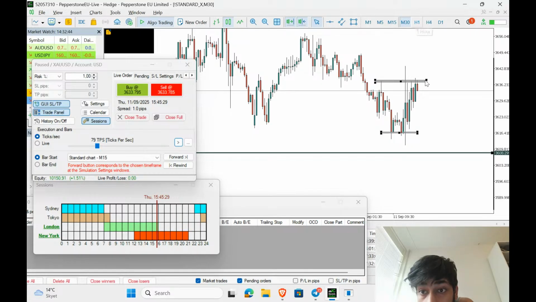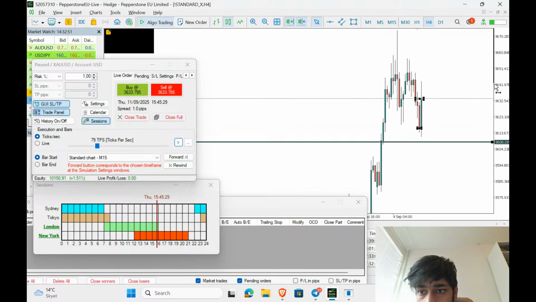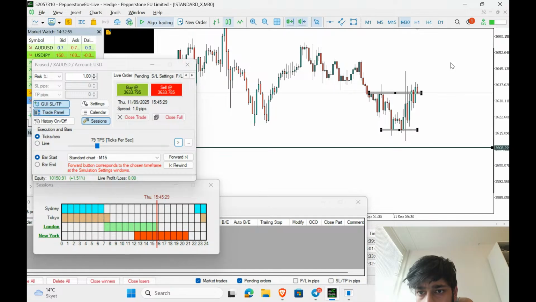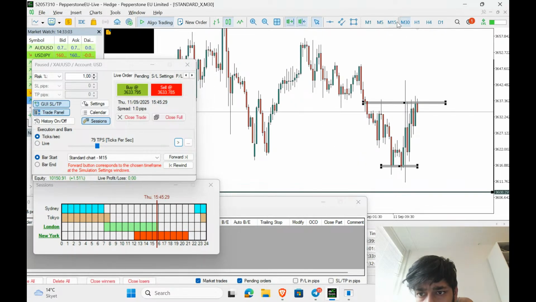M30 closed above. H1 is closing below. H4 is sitting up. H1, M30. Yeah, if this candle closes above this, then it's buys, not sells, because M30 is closing above.